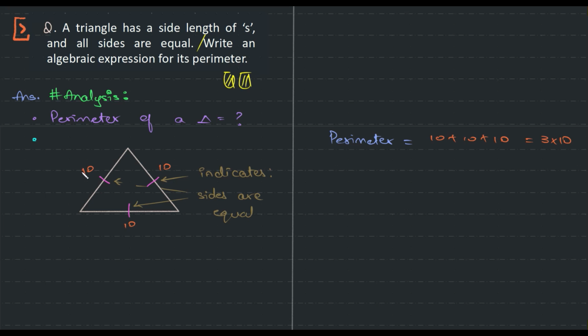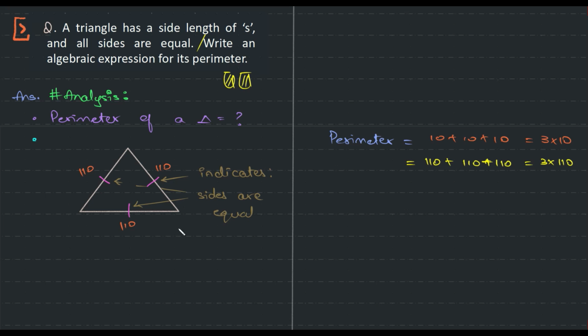What if it was 110, 110, 110? Then it would be the same process: 110 plus 110 plus 110, which is 3 times 110. Because the same thing added 3 times is 3 times that particular number.